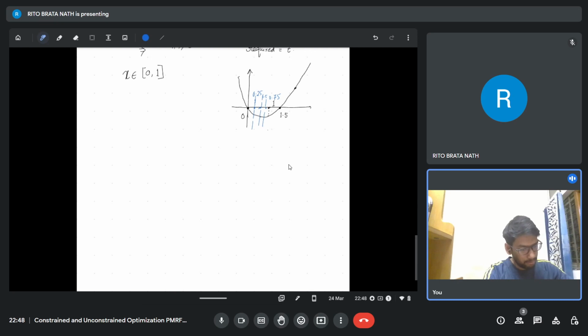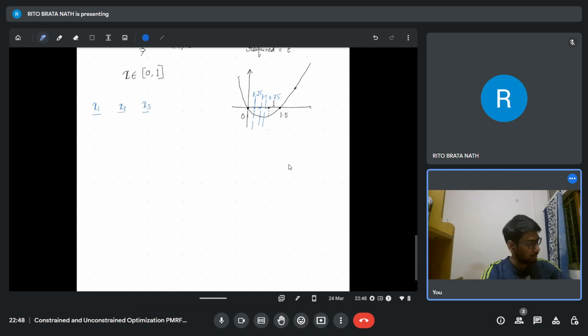Okay, so this is x1, this is x2, this is x3. So these are your 3 points. Then f1, f2 and f3 will be the function values. So these will be your function values.